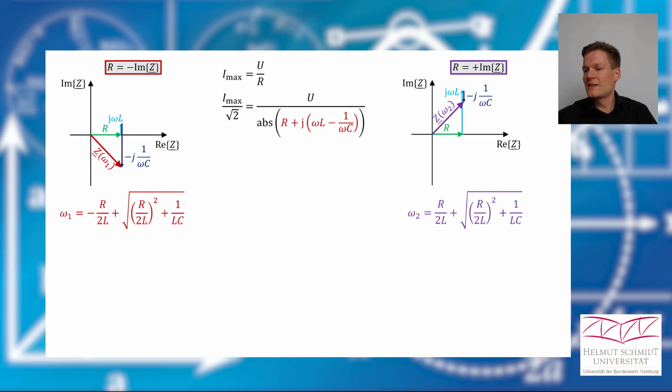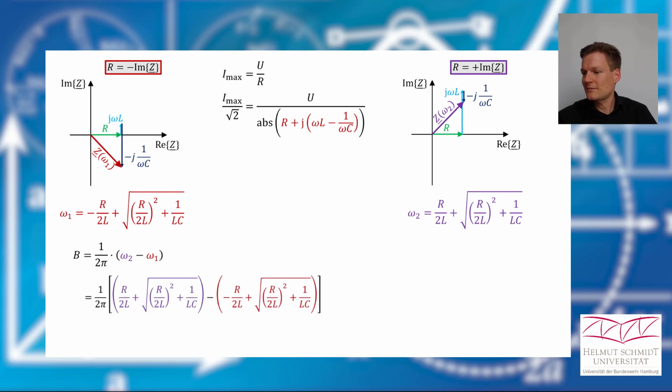So we have these two results, and we wanted to calculate the bandwidth. And therefore, the bandwidth is, to get real frequencies, 1 divided by 2 pi, and then the difference between the two angular frequencies we just got here. So that means we can write it like this. It still looks horrible, but have a look.